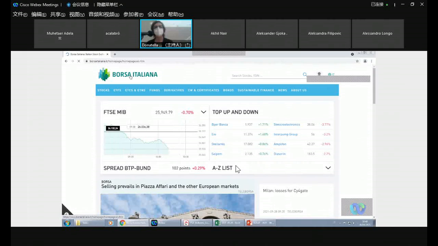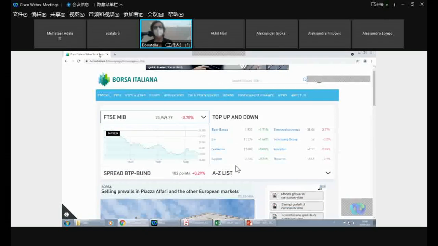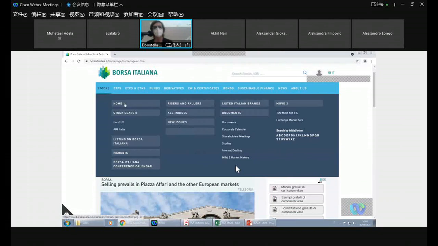This is the website of the Italian Stock Exchange. And here we can see the list of all the shares, bonds, and other securities that are listed.